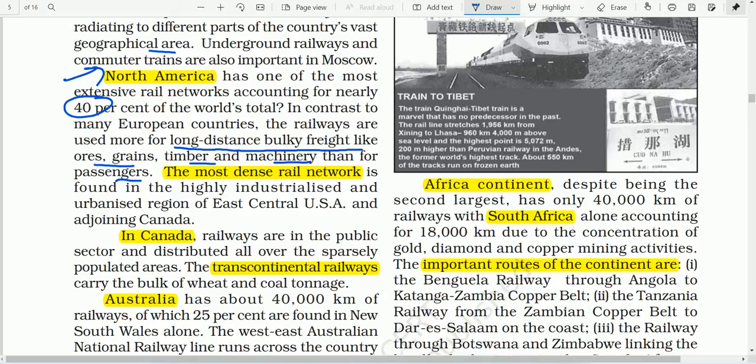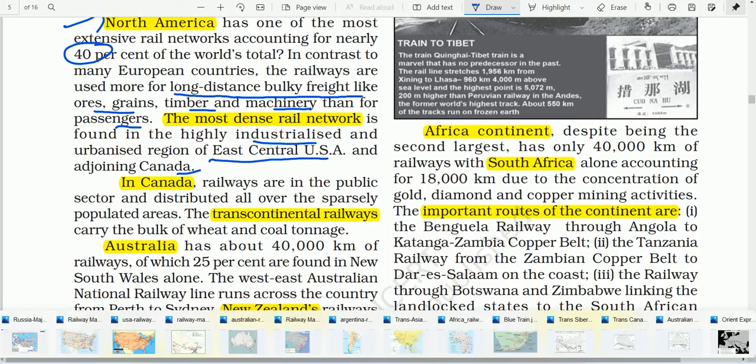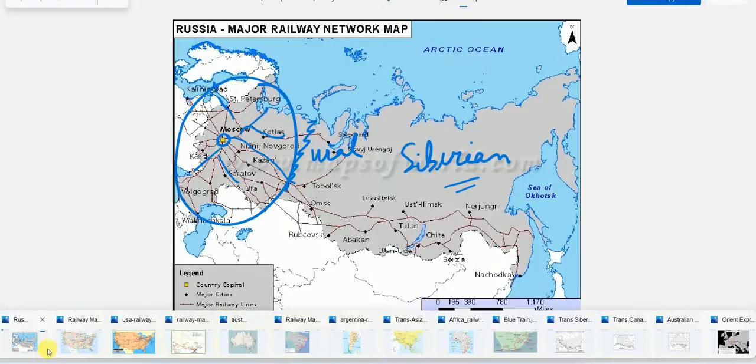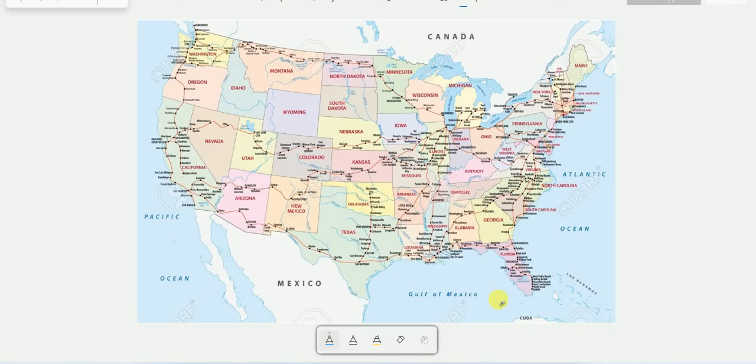In North America, the most dense rail network is found in the highly industrialized and urbanized region of the east central USA and adjoining Canada. This is a railway map of USA, and this is the northeastern part of USA, a highly industrialized region.